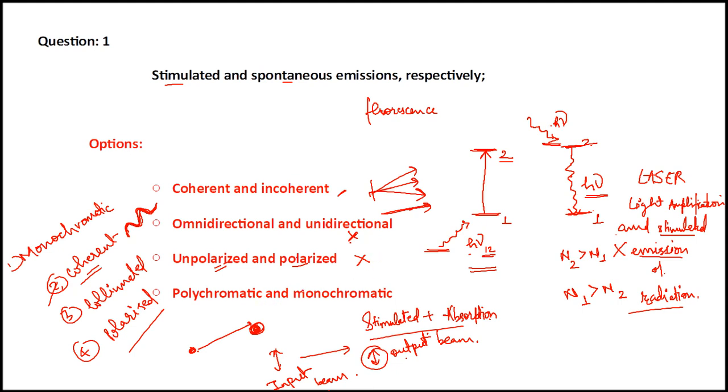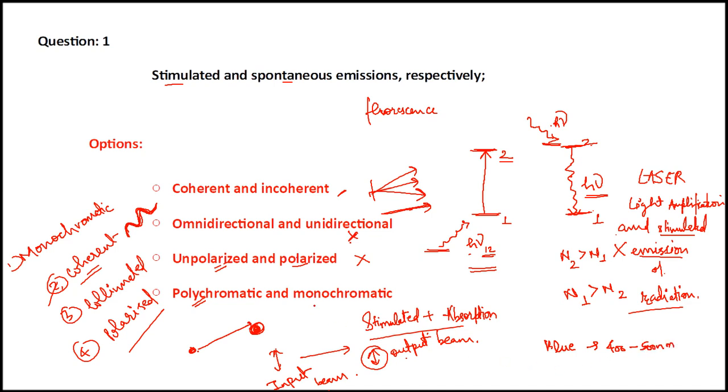The fourth option is polychromatic and monochromatic. What does the term polychromatic mean? The polychromatic term means that the light beam does not possess the same wavelength of light. It possesses different wavelengths of light. Maybe if you see a blue light, it may be a mixture of 400 to 500 nanometers.